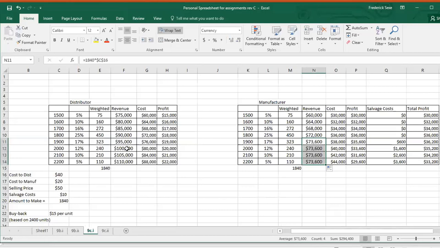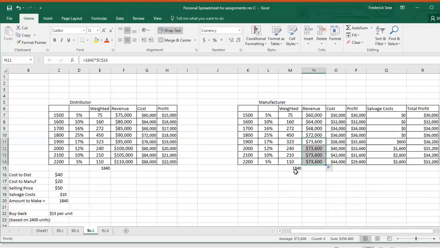So you make an if: if this is higher than this, then revenue would be this times this category here. Else, it would be this category minus the manufacturer.